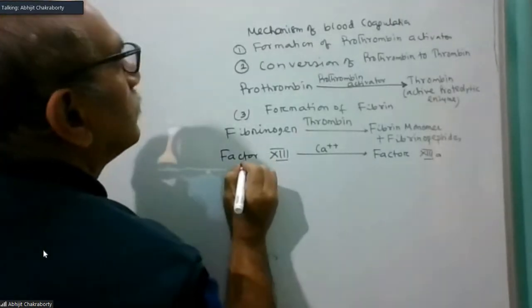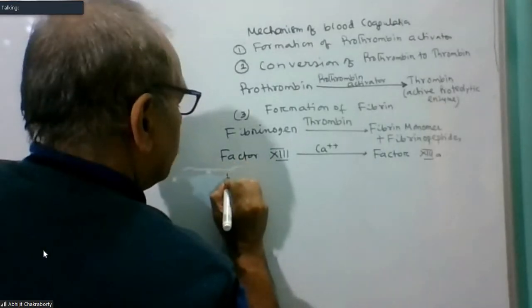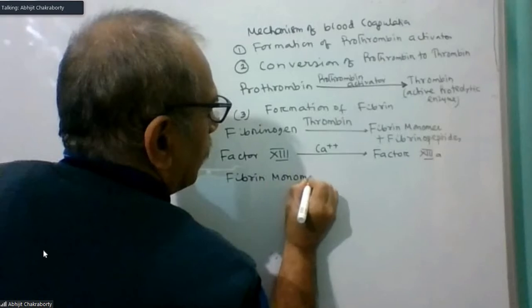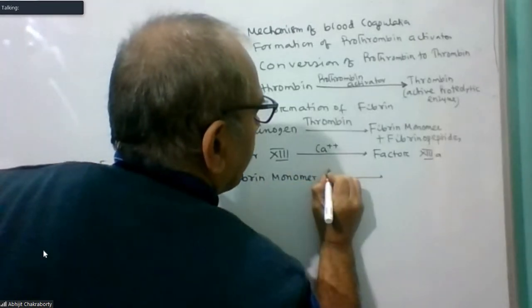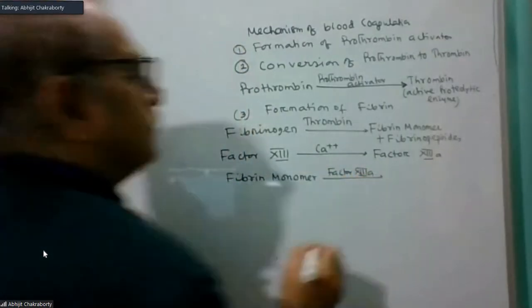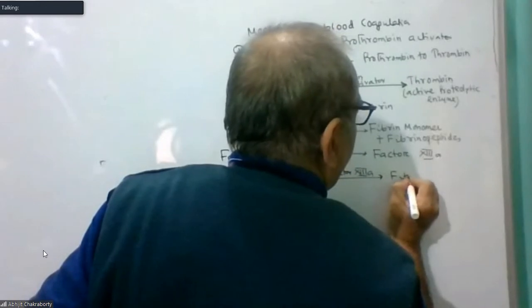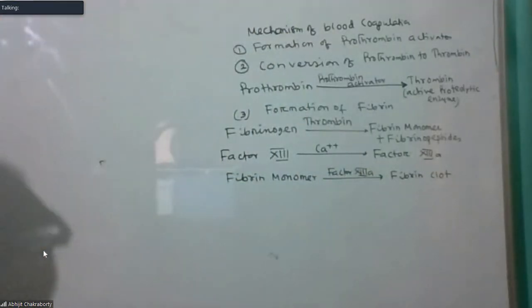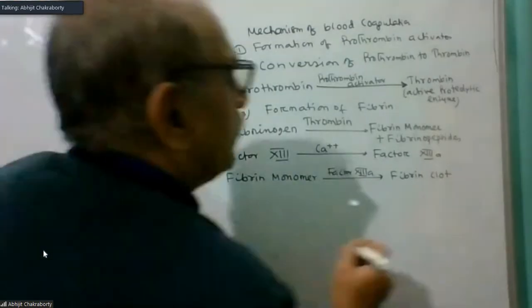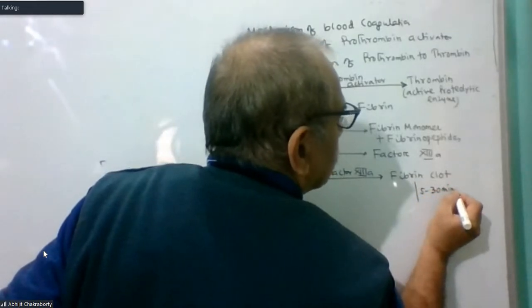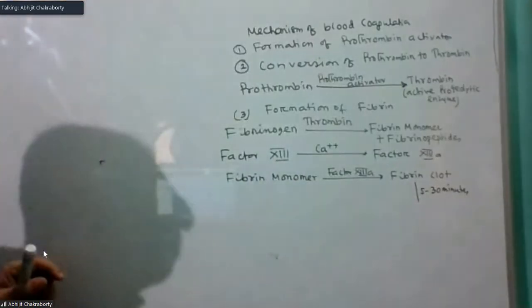Next, the fibrin monomer, with 13A, forms the fibrin clot. Then within 5 to 30 minutes of the fibrin clot, retraction occurs.